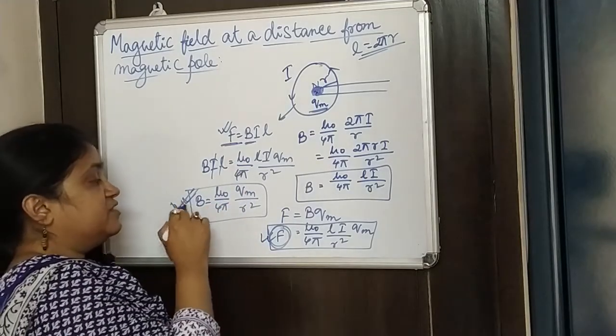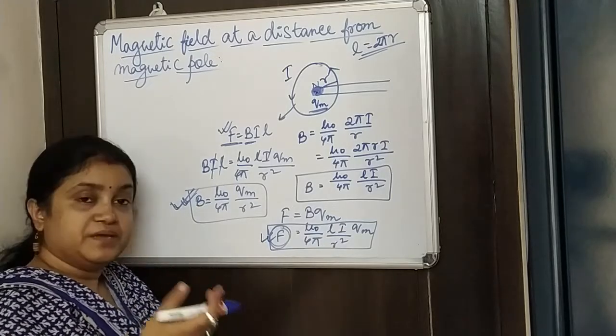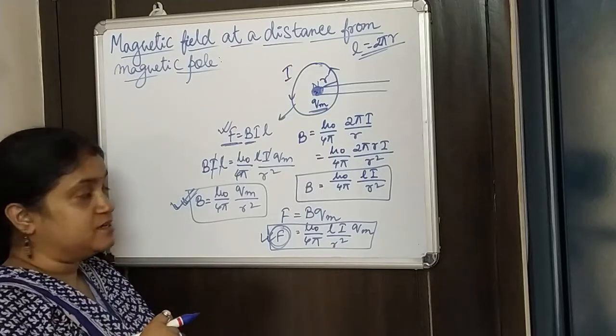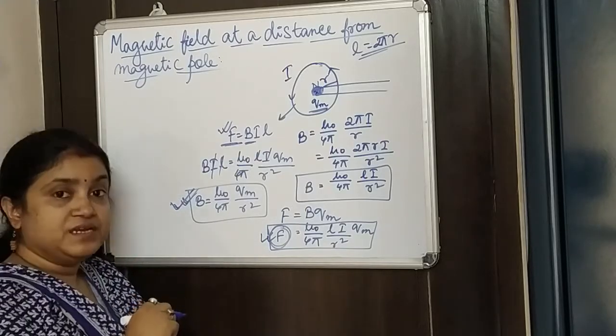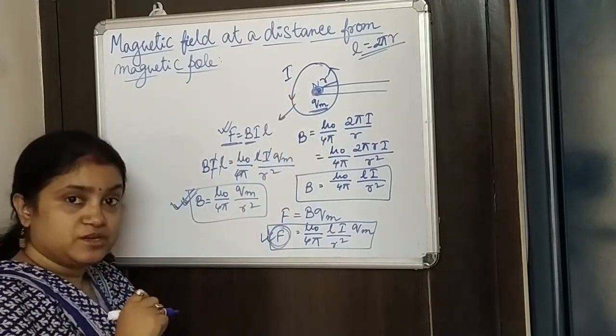This is a very crucial finding which we may use directly in many other derivations. So this is the magnetic field produced by a single magnetic pole.